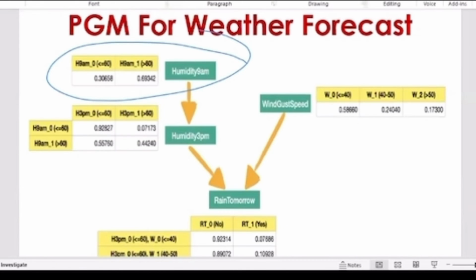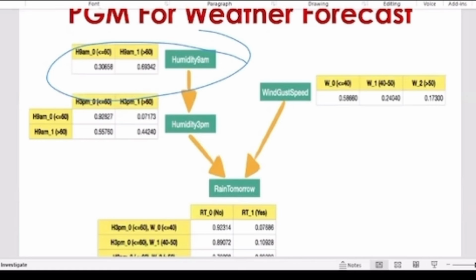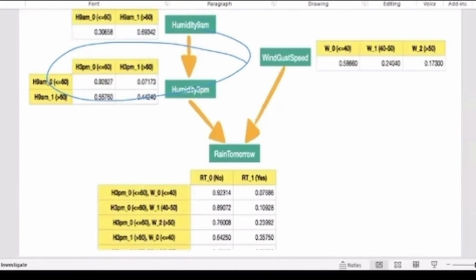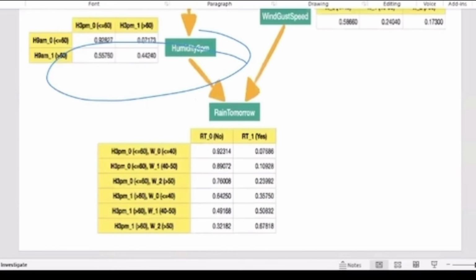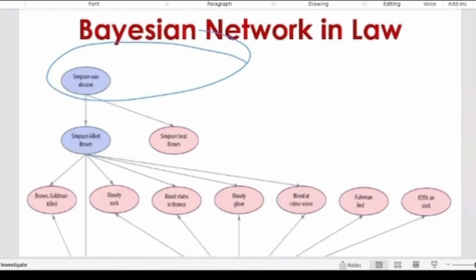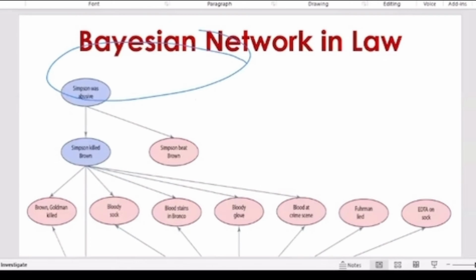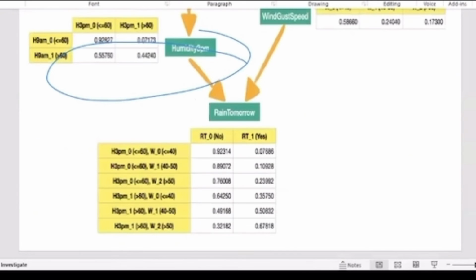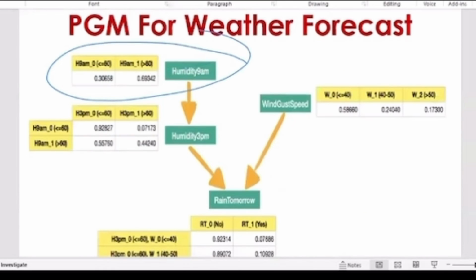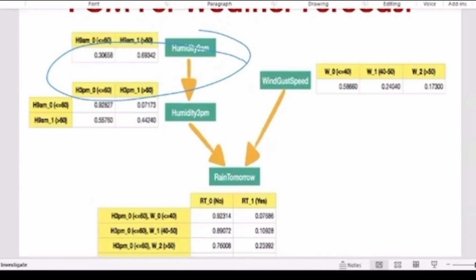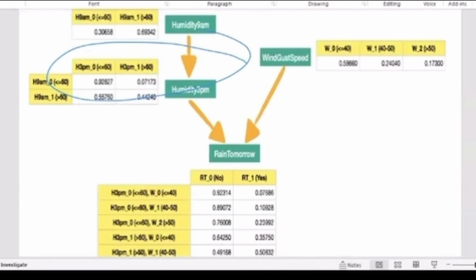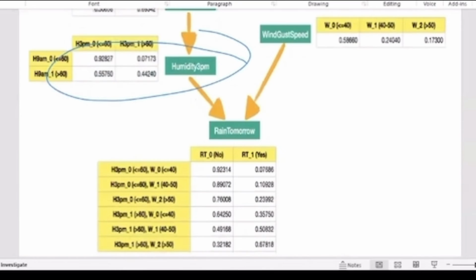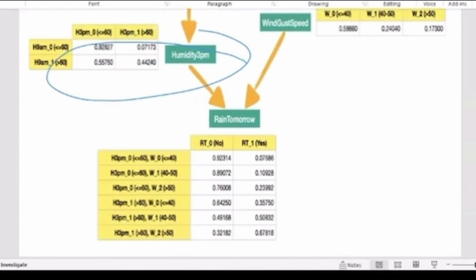There should be a lot of cells: if this depends on this and this, we get 3 times 4, so it should be 12. Let's see. Indeed, we got 12 cells.